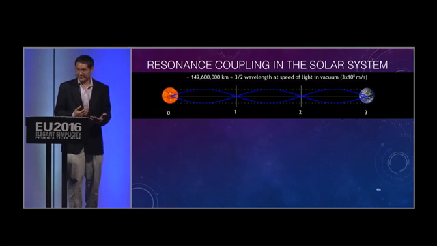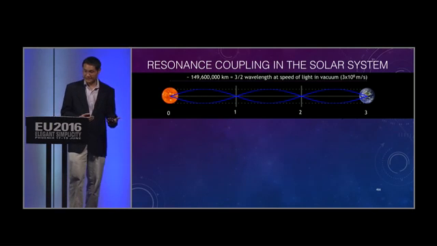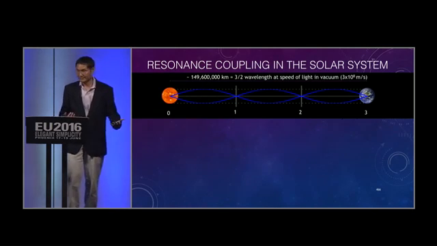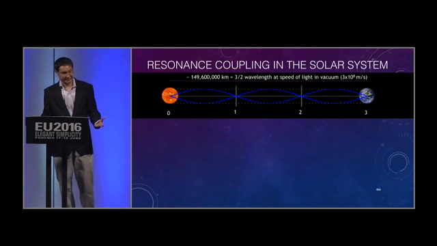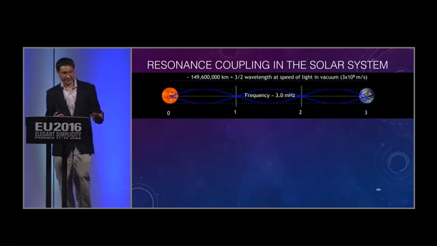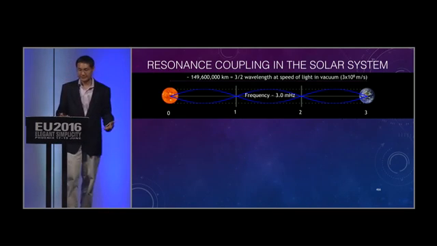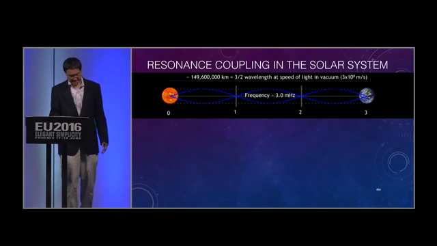There's a lot of evidence that suggests such a wave travels at the speed of light, but there could be other types of waves as well, like plasma waves. And of course, the frequency is calculated to be around 3 millihertz based on the distance and the velocity of light.